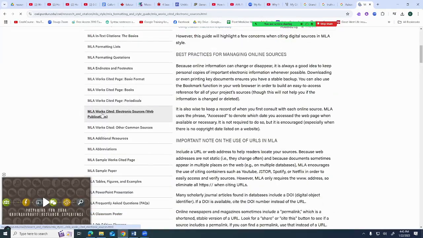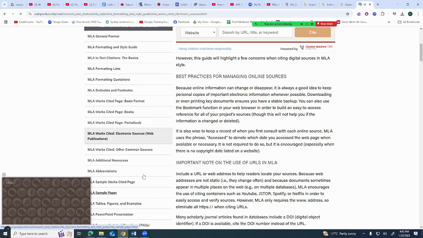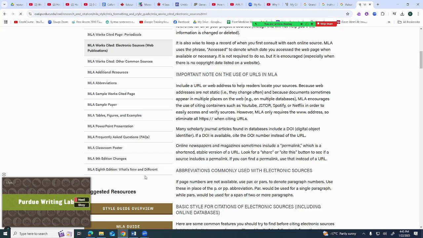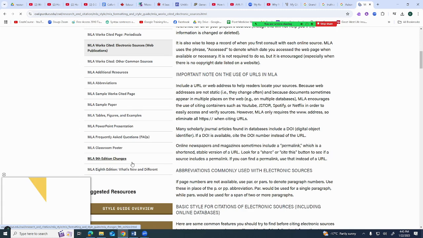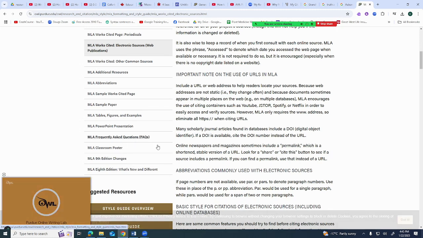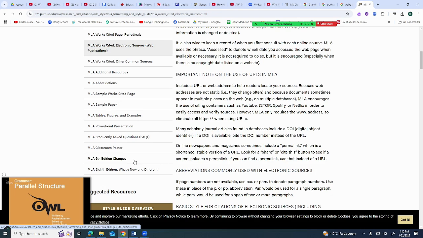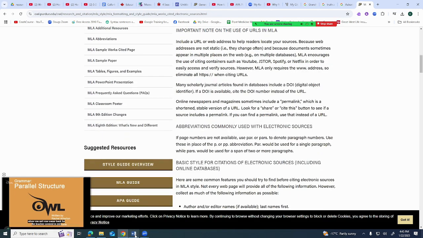You can go to electronic sources, periodicals, books. This has a basic format and other common sources. There's even sources if you get someone to orally tell you information, you still have to format it in a specific way. But just do your best with that.